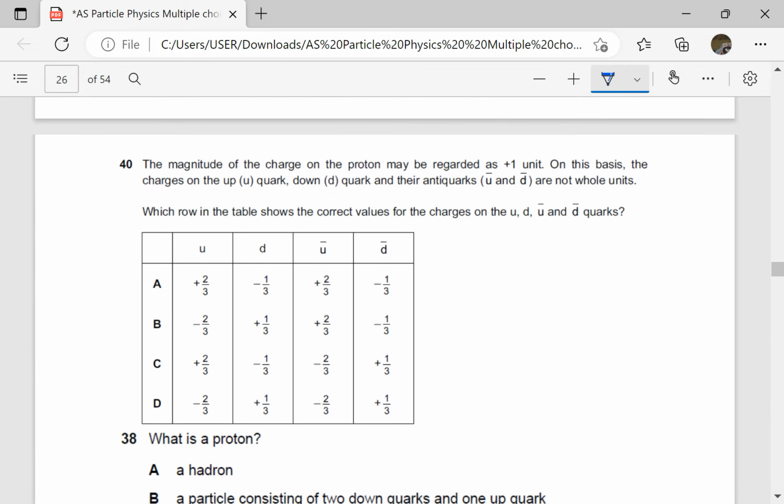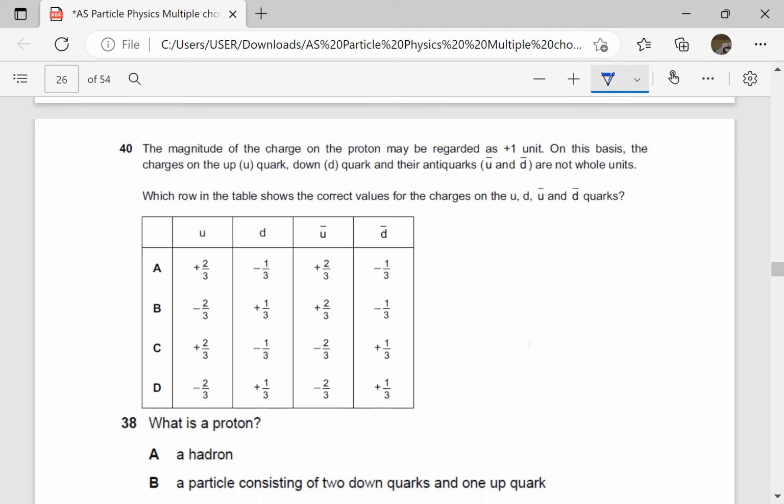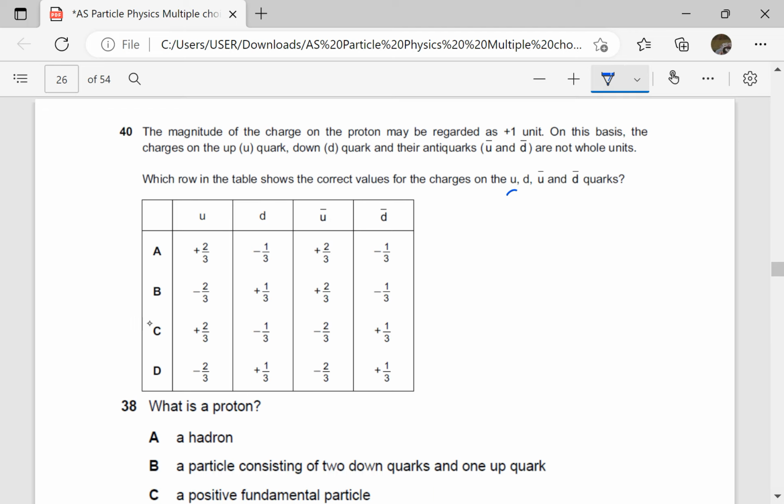The magnitude of charge on the proton may be regarded as +1 unit. On this basis, the charges on the up quark, down quark, and their antiquarks are not whole units. Which row in the table shows the correct values for the charges? Remember, up is +2/3e.